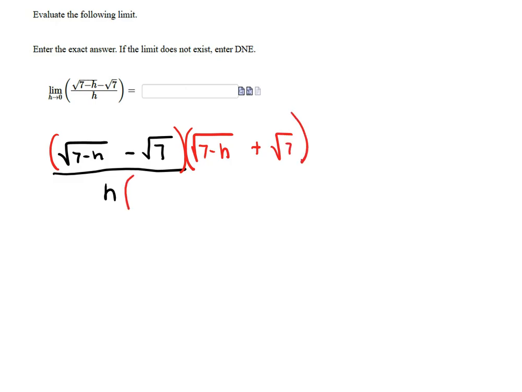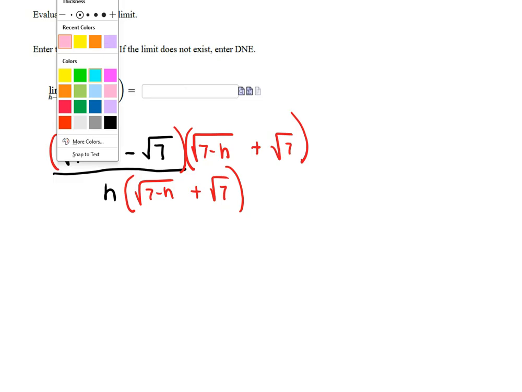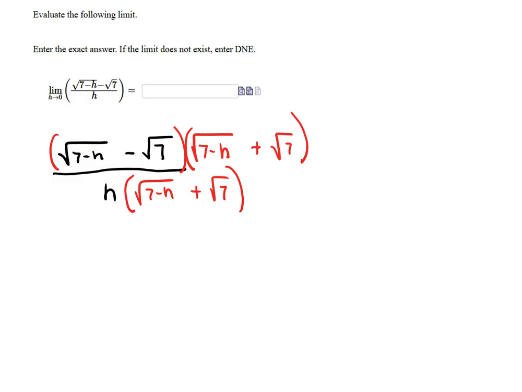But you're in fraction land, so if you multiply something onto the numerator, you have to do the exact same multiplication to the denominator. Okay, we're going to have to actually FOIL out the numerator. So I'm going to start by taking the square root of 7 minus h times the square root of 7 minus h.